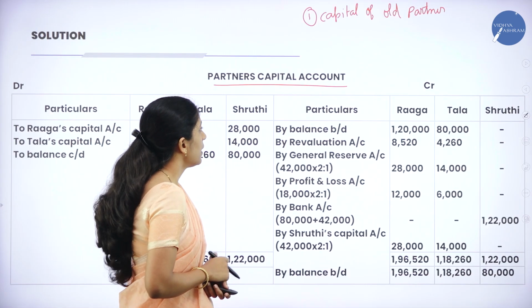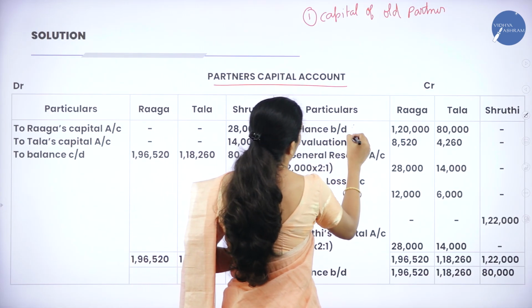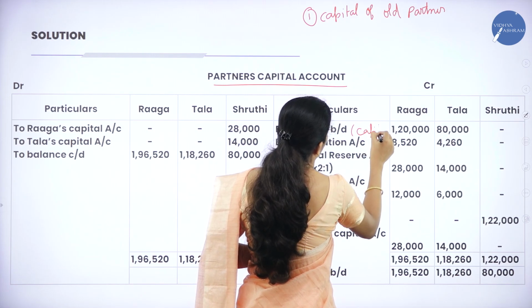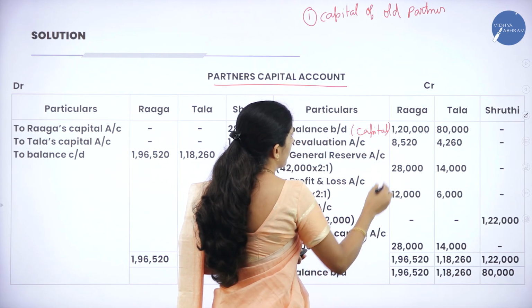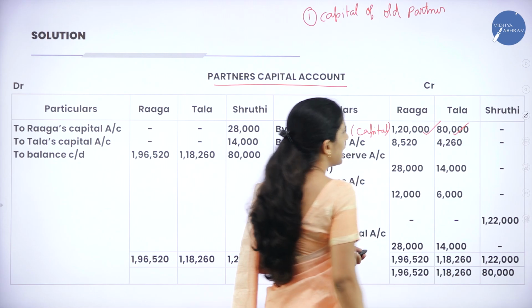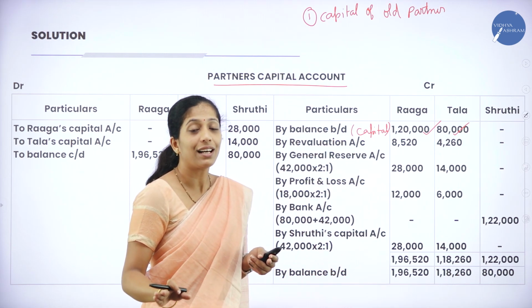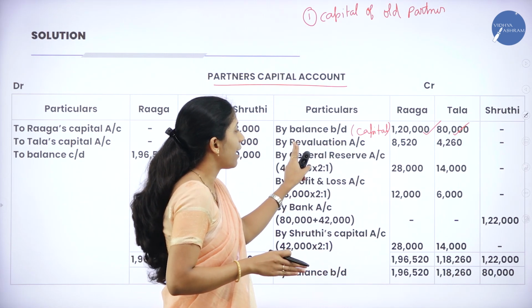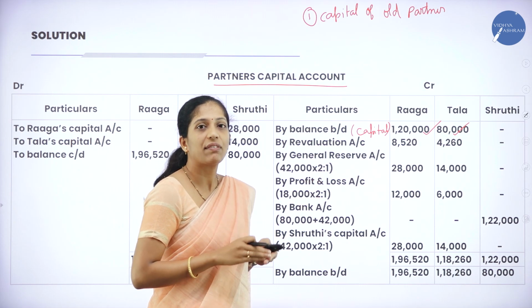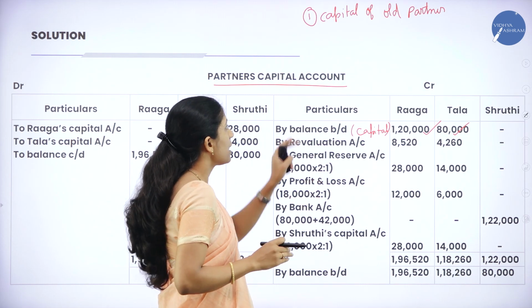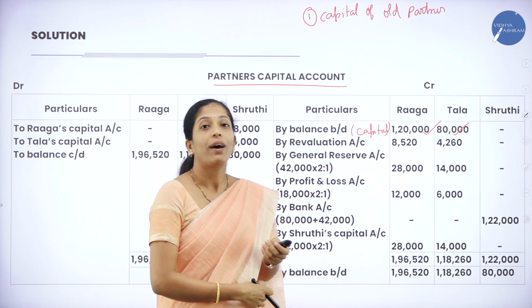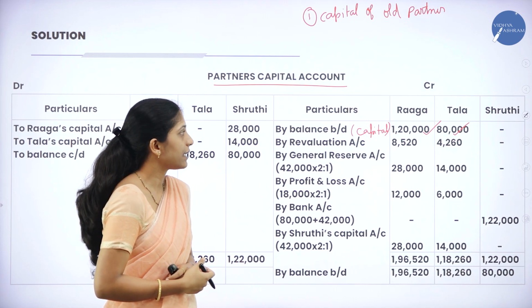Capital of whom? Only the old partners, that is 1,20,000 and 80,000. No need to record in the new partner's column. So we bring the balance which is given in the balance sheet: by balance brought down 1,20,000 as well as 80,000.